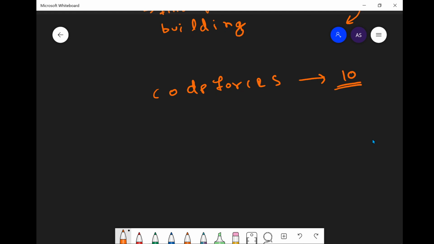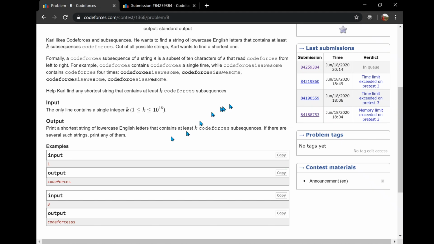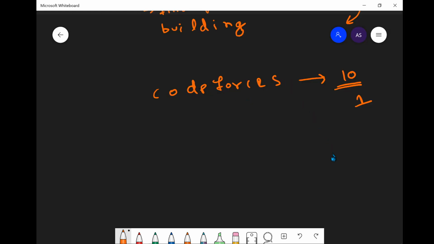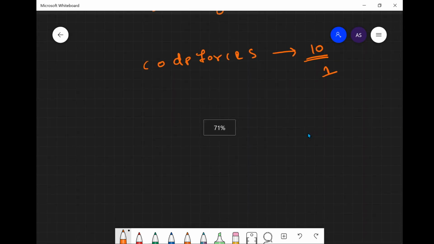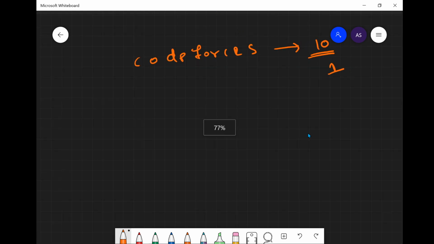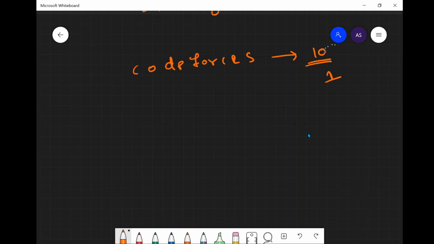Now let's suppose that the input given to us was 1. Then the answer is definitely this one, because we can extract one string and we have to output the minimum length string.